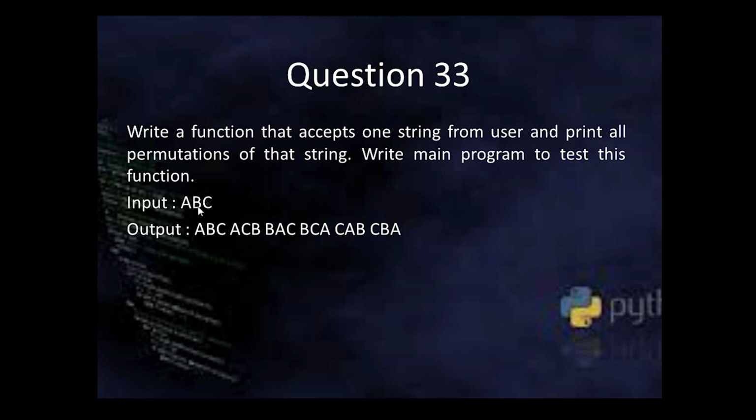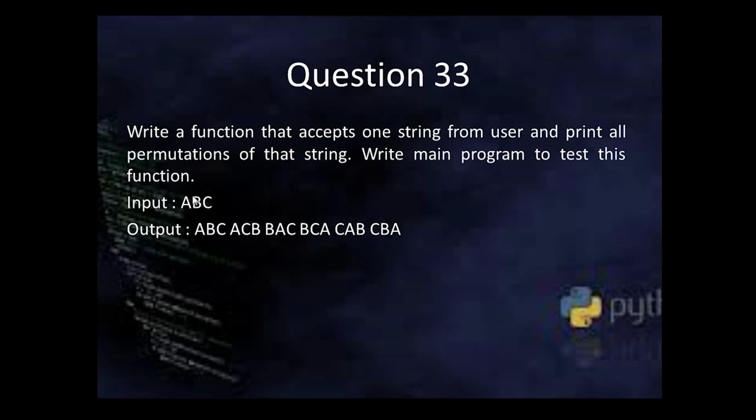One arrangement is ABC itself, then A kept constant: ACB, then B constant: BAC, BCA, C constant: CAB, CBA.